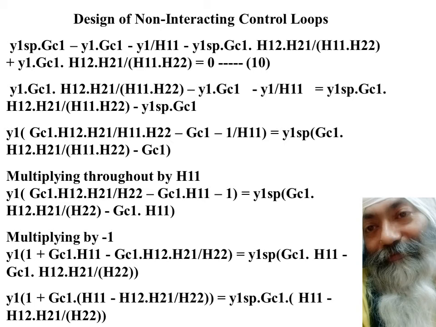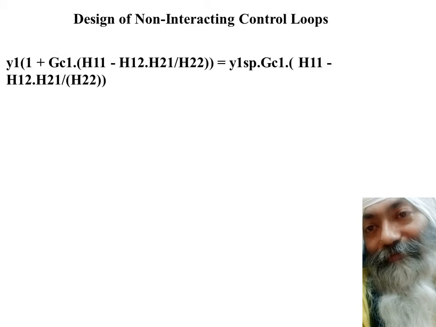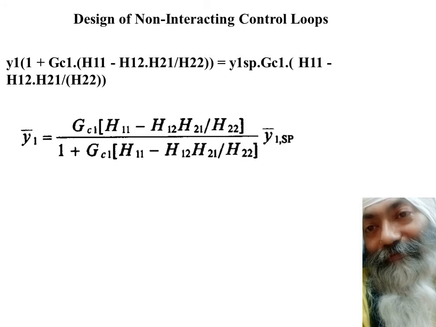Let's have a look at this equation once again. From this equation we get the value of y1, and this y1 is equal to gc1 into brackets h11 minus h12 h21 by h22, the whole thing divided by 1 plus gc1 in brackets h11 minus h12 h21 by h22, entire fraction multiplied by y1 sp.